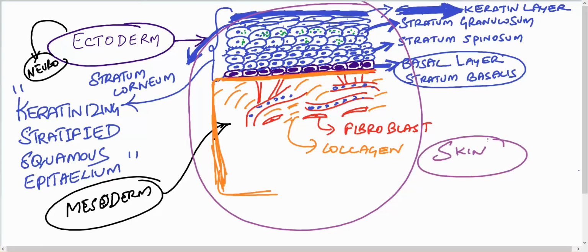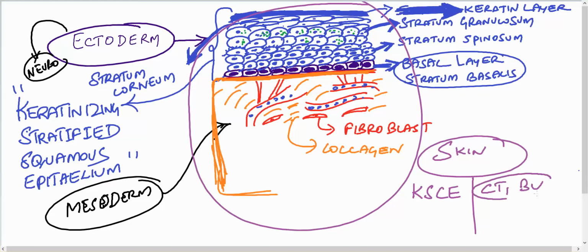Understand? So the main cellular part of the skin, that is the keratinizing stratified squamous epithelium, comes from the ectoderm, and the supporting structures, that is blood vessels and connective tissues, all come from the mesoderm.